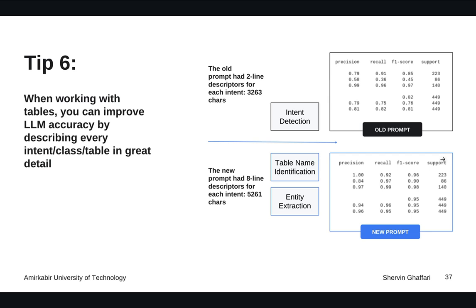When working with tables, you can improve LLM accuracy by describing every intent. As you can see here, in the first prompt the output result is less accurate in comparison with the new prompt, which provides every detail or more context about the table, the different table rows, about the intent, or about what the table is actually telling us.